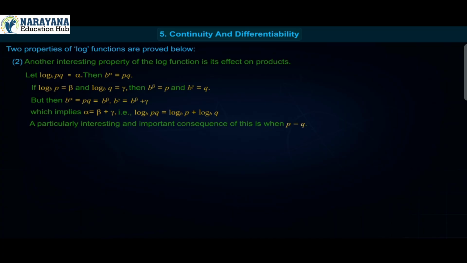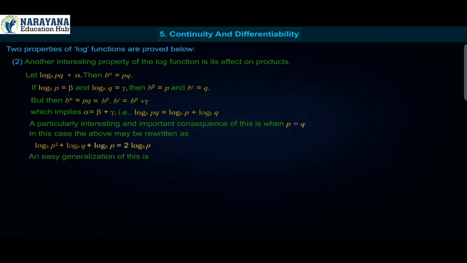A particularly interesting and important consequence of this is when p is equal to q. In this case, the above may be rewritten as log of p square to base b is equal to log of p to base b plus log of p to base b is equal to 2 log of p to base b.